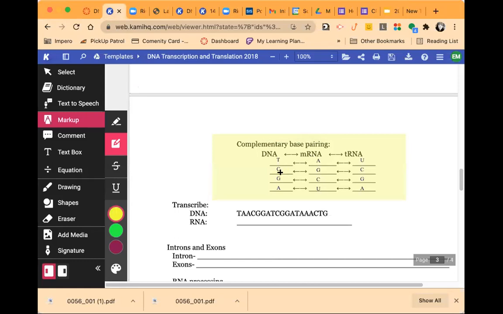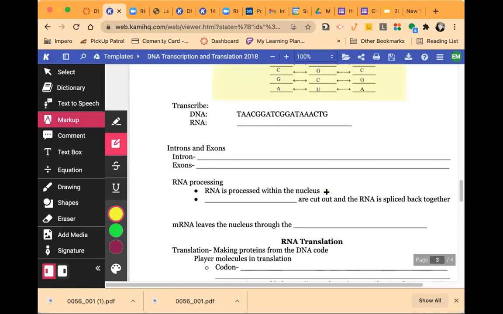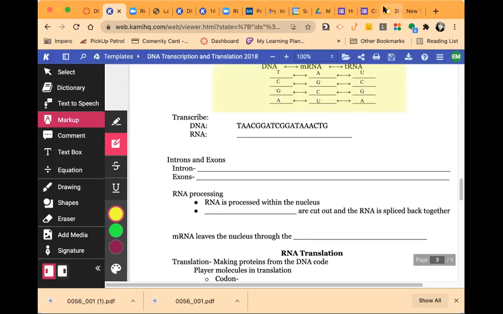T pairs with A, C on the DNA pairs with G on the mRNA, G pairs with C on the mRNA, and A pairs with U on the mRNA. Okay, cool.